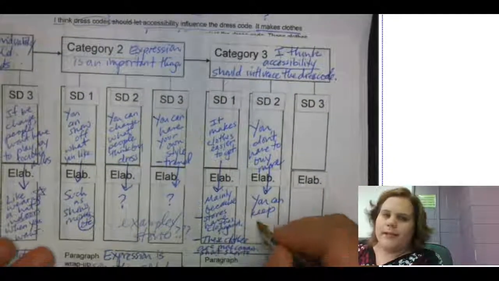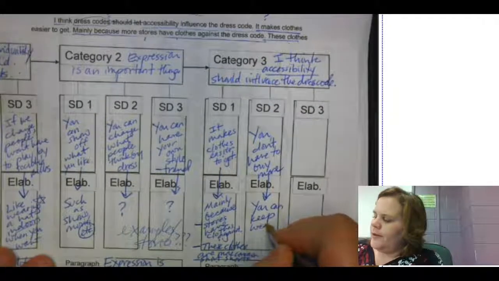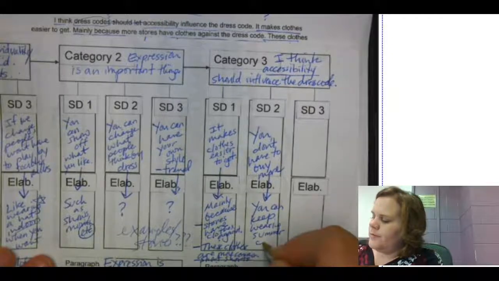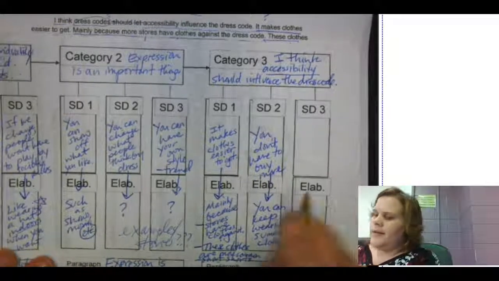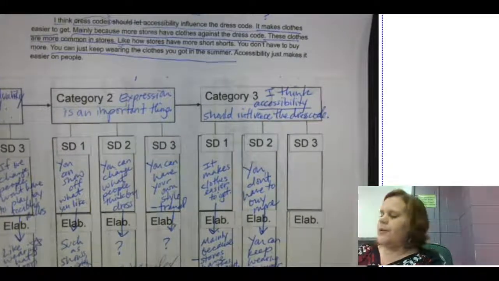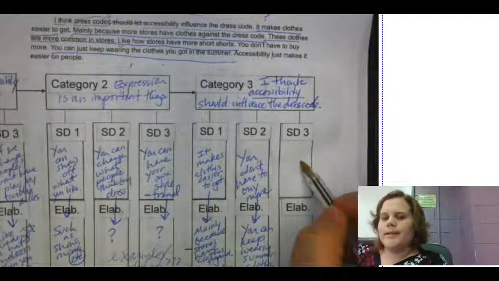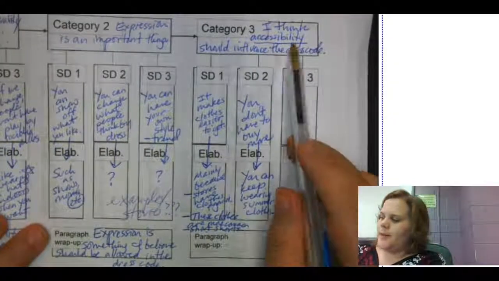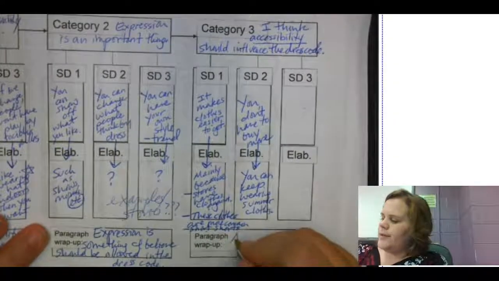I'm going to say you can keep wearing summer clothes. And then the last sentence says accessibility makes it easier on people. So is that a detail? Is that a wrap-up? And accessibility was our topic sentence, so it goes up here.